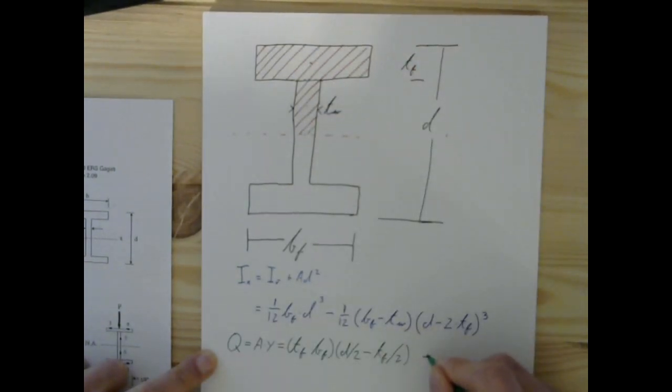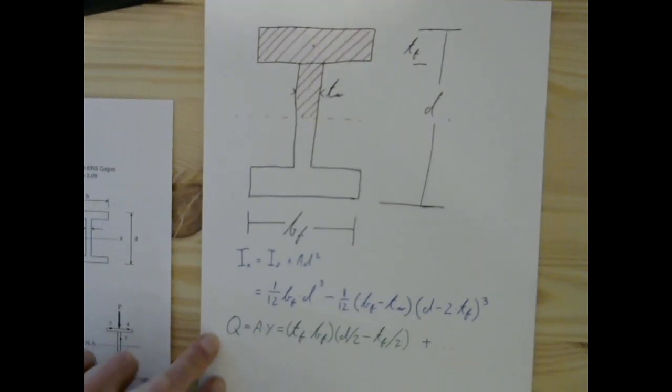To that, we add, starting a new line here, this, which will be the thickness of the web times 1/2 of the depth minus the thickness of the flange. So just this is our area.